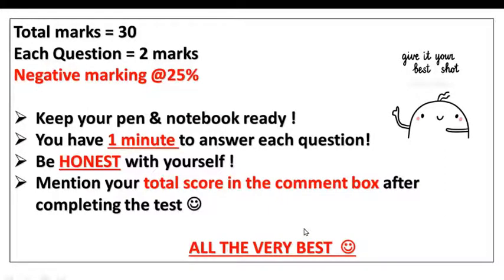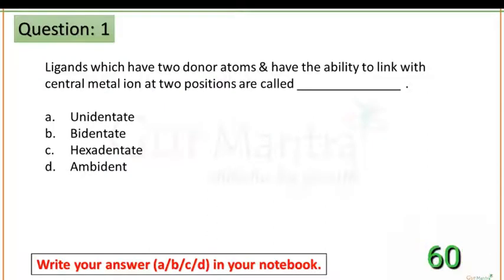So the number 1 question is this. Ligands which have 2 donor atoms and have the ability to link with the central metal ion at the 2 positions are called. Options are unidentate, bidentate, hexadentate or ambident.